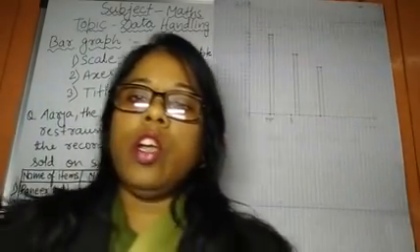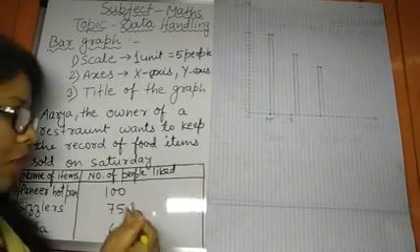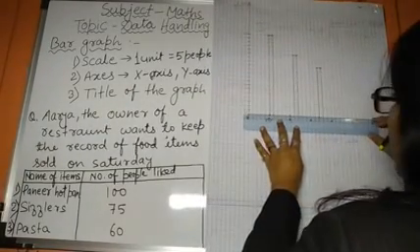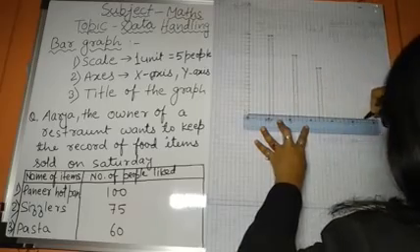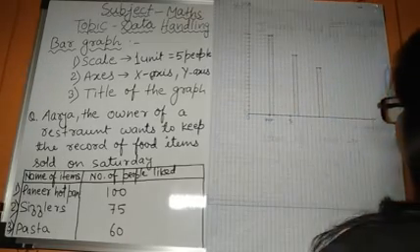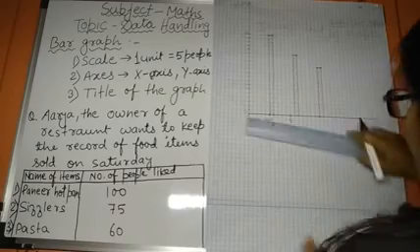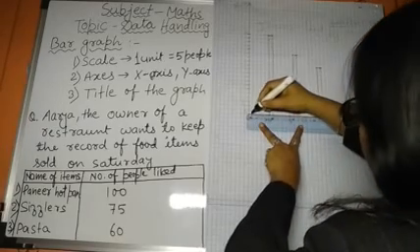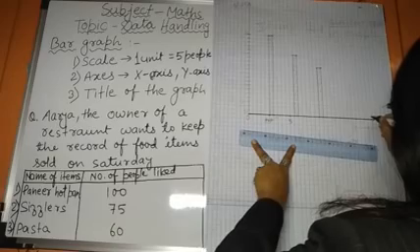Now start drawing the bar graph. First of all, draw a horizontal line, or sleeping line. This one is the horizontal line. Draw this horizontal line and put an arrow.